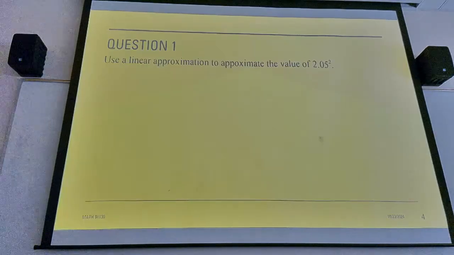So we're going to approximate the value of 2.05 squared. So we want to use a linear approximation.